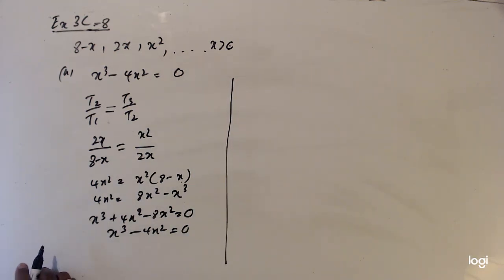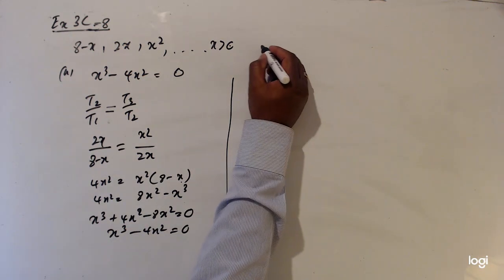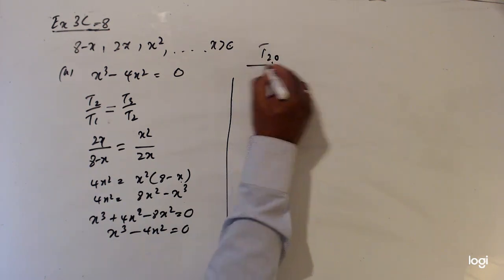And then part B, we find the value of the 20th term.